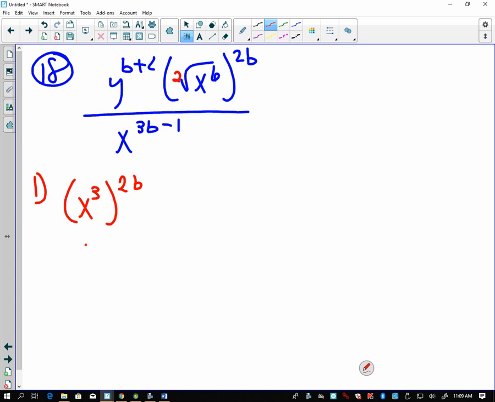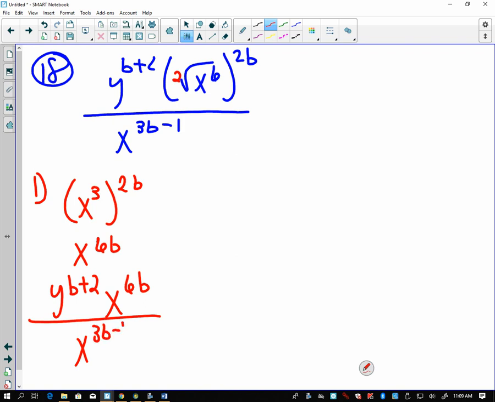Multiply. So I get x to the 6b, okay? So what I'm left with is I have y to the b plus 2 times x to the 6b, okay? So that's dealing with the numerator, all over x to the 3b minus 1.